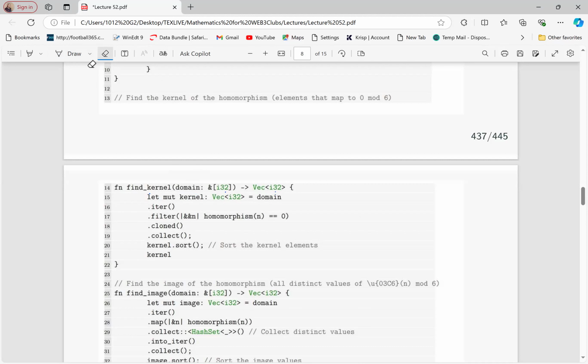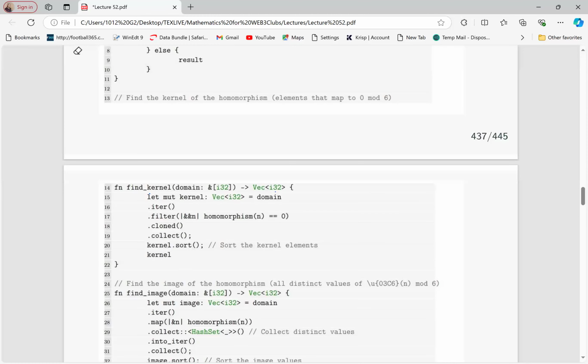So how will this code be obtaining the kernel? Let the kernel be mutable, in other words, it will be changing from time to time, because we'll be collecting elements. We go through all the elements.